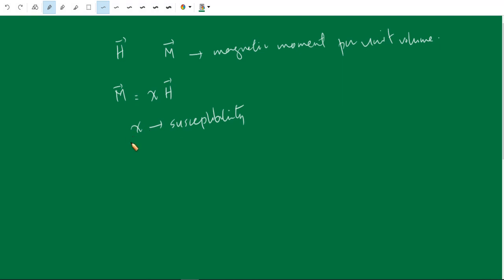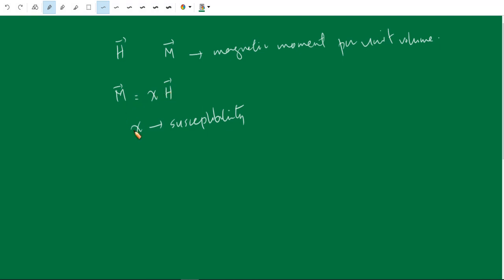We can say the material is diamagnetic, paramagnetic or ferromagnetic depending on the value of this chi. If chi is positive, it can be a paramagnet or ferromagnet. If chi is negative, it will be diamagnetic. What is the meaning of chi? If chi is negative, the magnetization is opposite to the magnetic field.